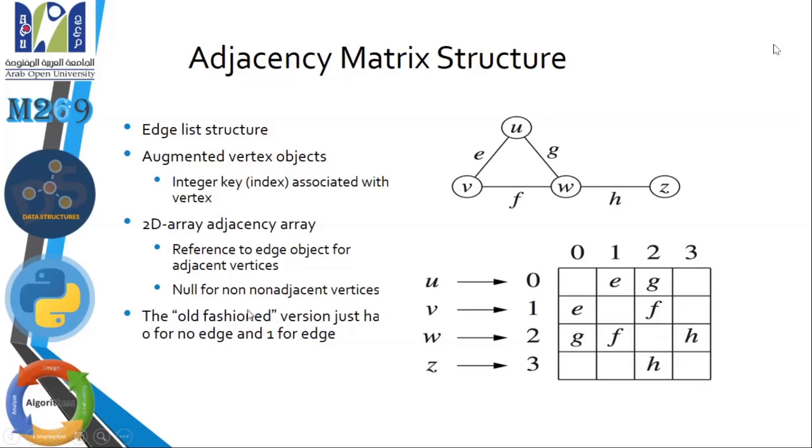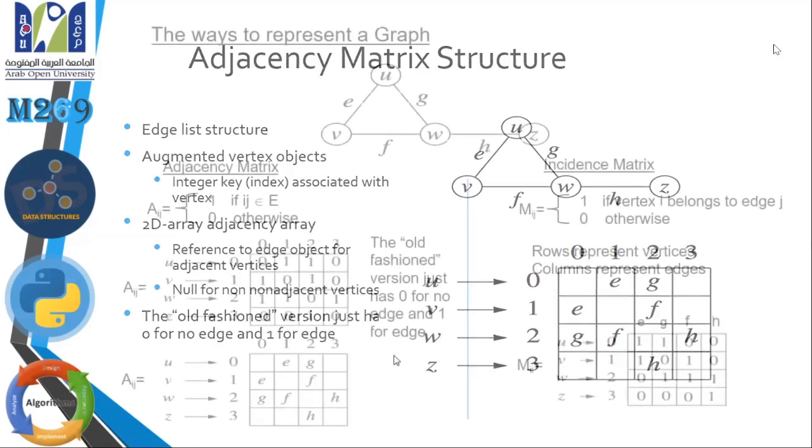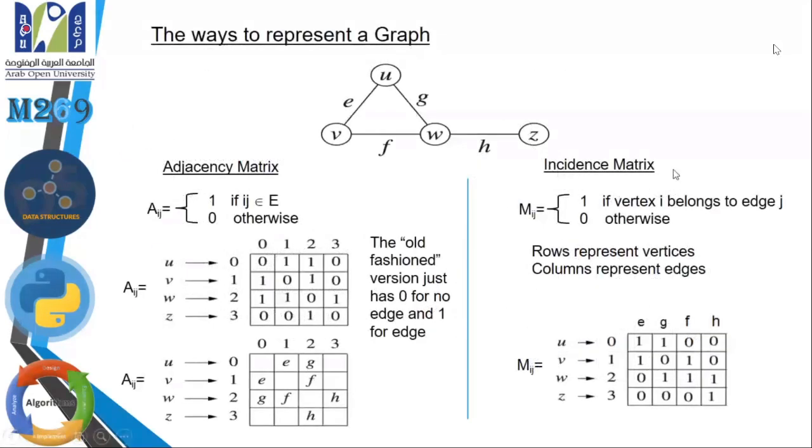Now you can also do the following, same idea. Edge list structure, augmented vertex objects, integer index associated with the vertex. So you will have a 2D array, very clear here, and you will start matching. Depends, is it adjacency or incidence? Is it yes, true, false? Or you supply actual values.